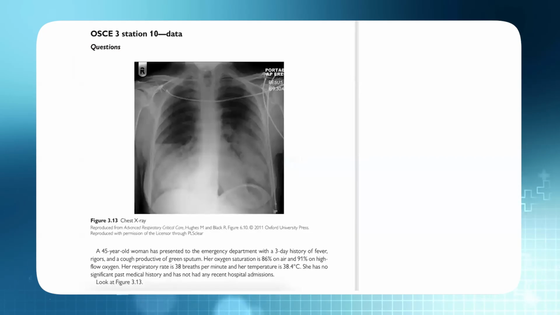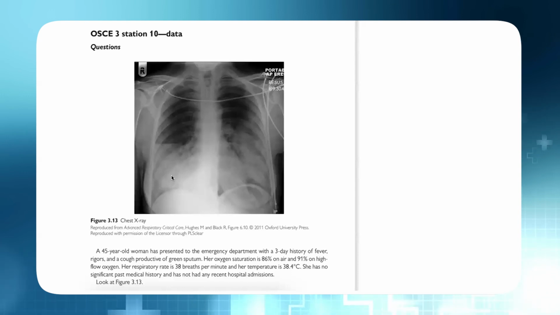A 45-year-old woman was seen in the emergency department with a 3-day history of fever, rigor, cough, and purulent green sputum. Oxygen saturation 91% on air, respiratory rate 38 breaths per minute, temperature 38.4. She has no significant past medical history and has not had any recent hospital admission.